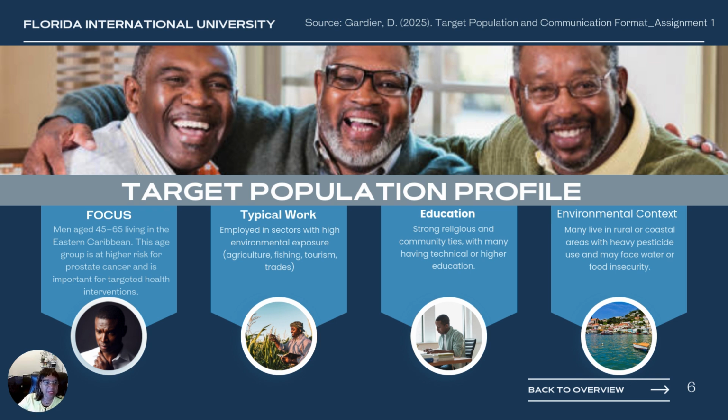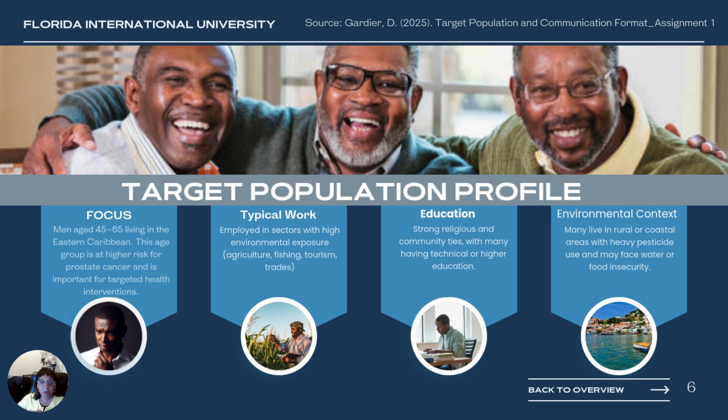And then there is their typical work and environmental exposures. Men in this group work outdoors or in jobs like farming, fishing, tourism, or skilled trades. A lot of them today are highly educated, and they have strong religious and community ties, and they have high technical and educational skills.